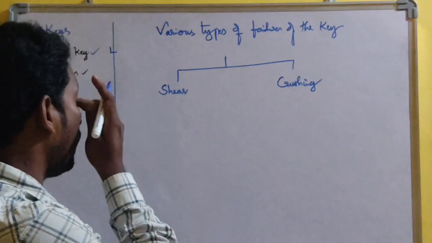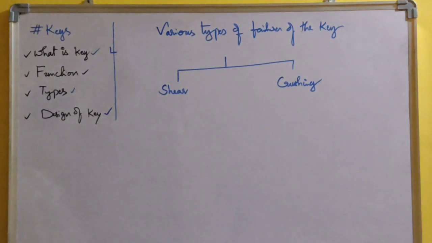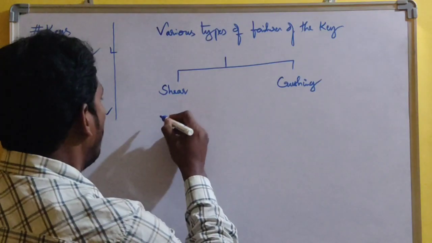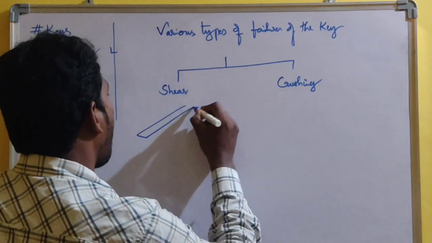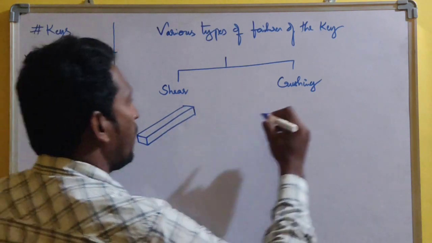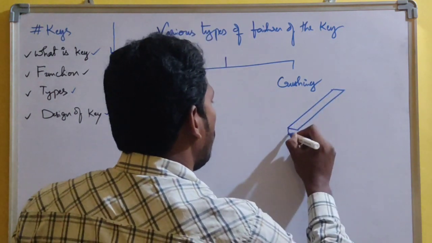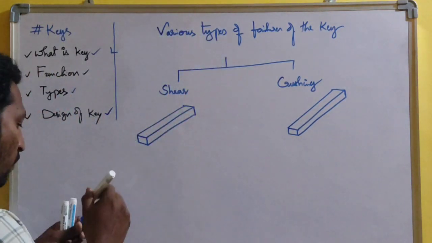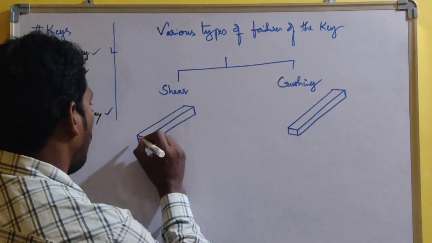According to these two criteria, we can see the failure of the key and estimate the formula. See that here, this is a key, and here I am taking one more key. In the case of shear, the key may fail at this section.